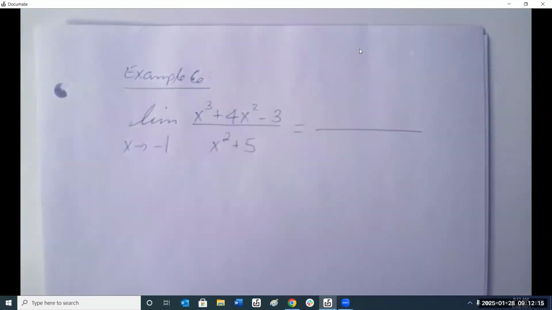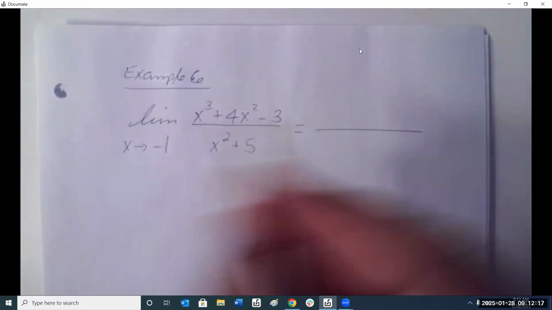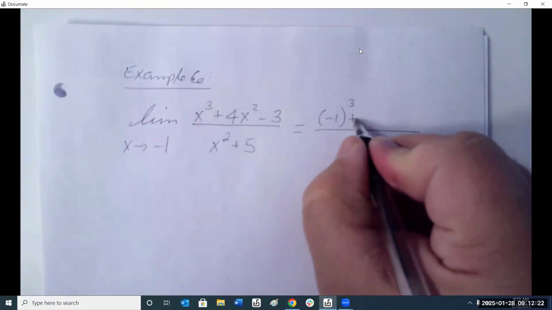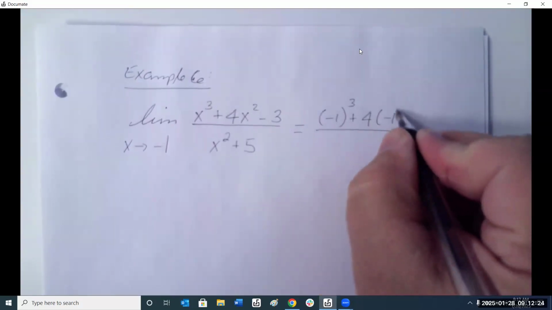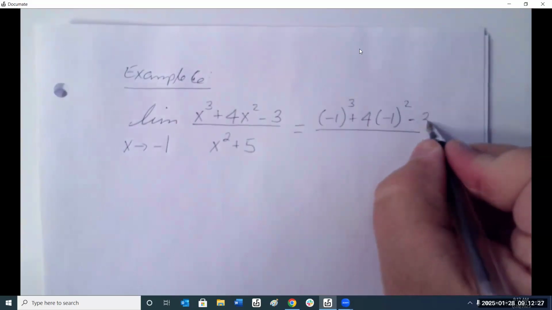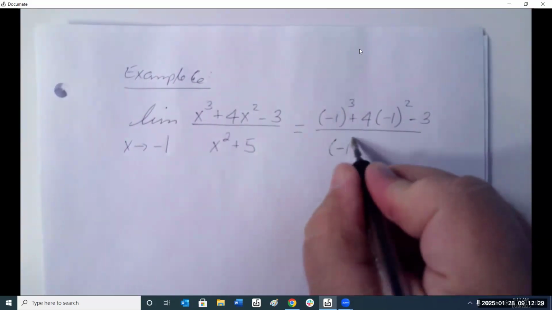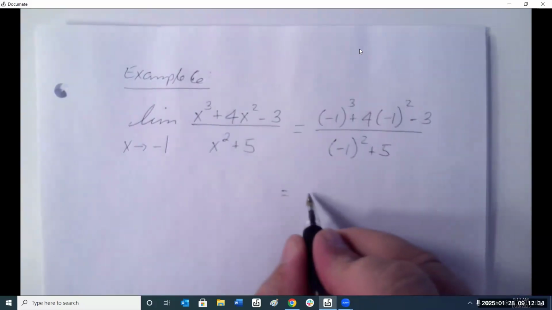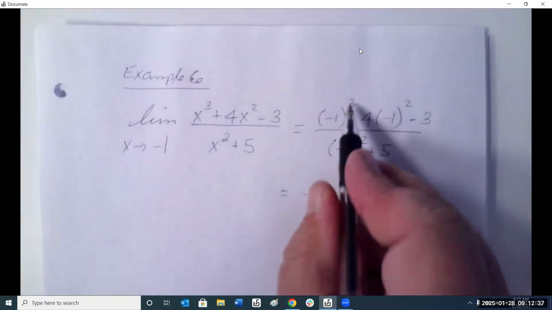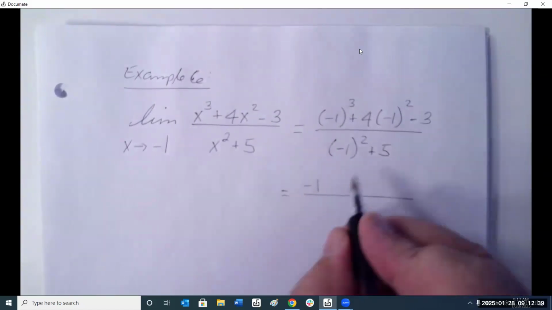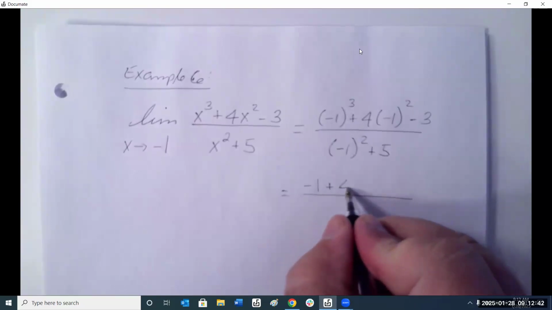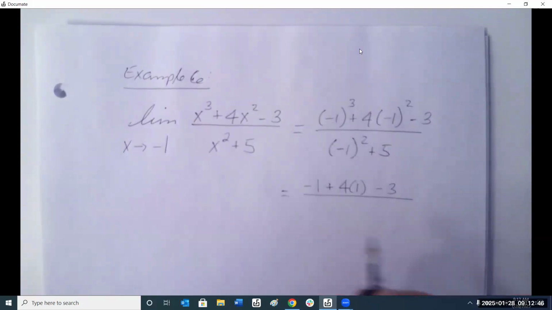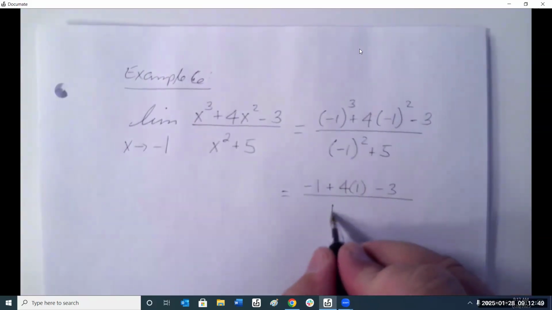So what do we put in place of x? -1. So we have -1 cubed plus 4 times -1 squared minus 3 times -1 squared plus 5. -1 cubed is -1. -1 squared is +1. -1 squared is 1.